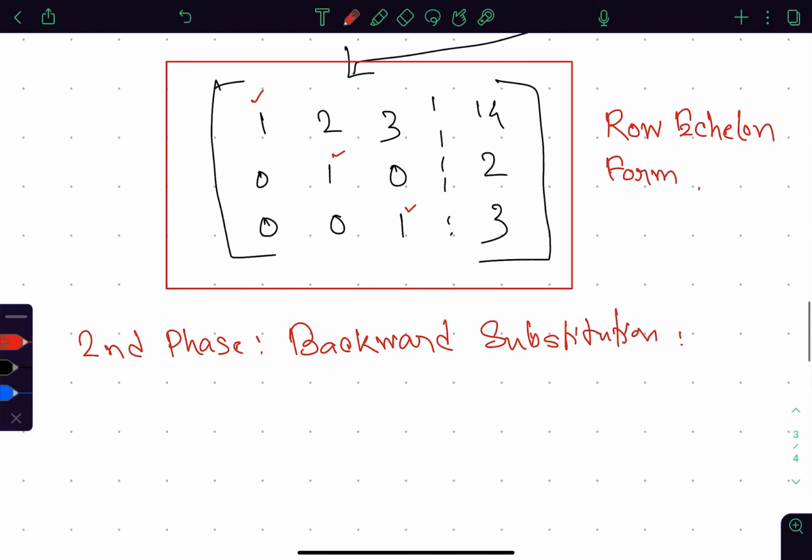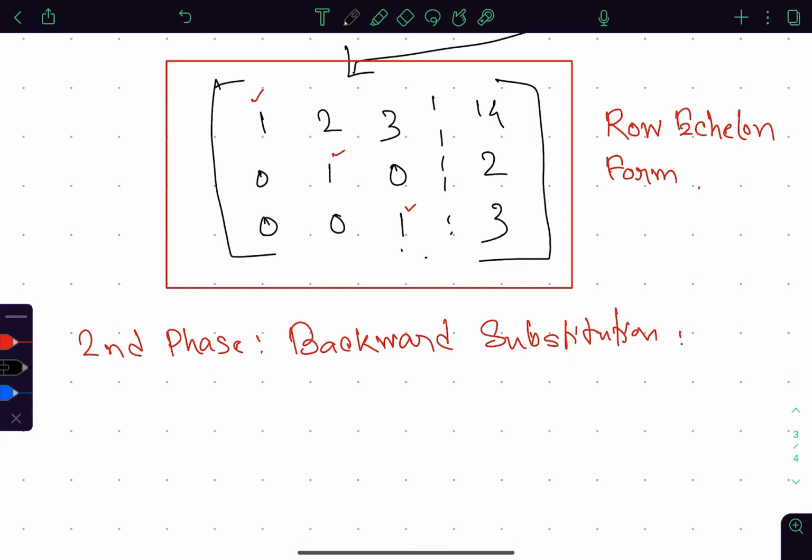The backward substitution tells us to work right to left and down to upward. Basically, we need to clear out all the non-zero elements above the pivots. In forward elimination we cleared out below the pivots, now we clear out above the pivots. We will start from the bottom right corner.